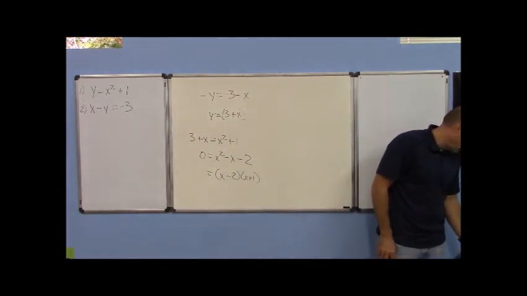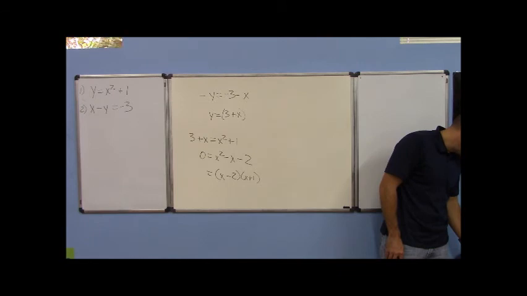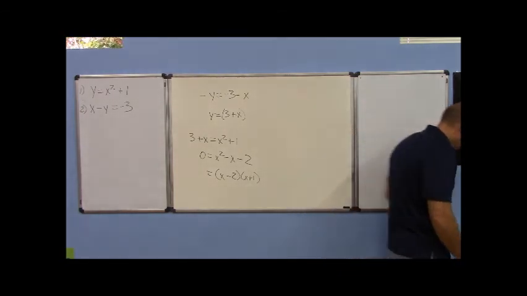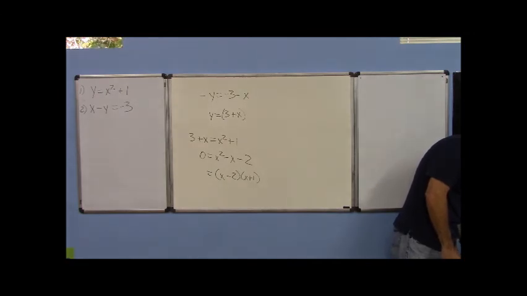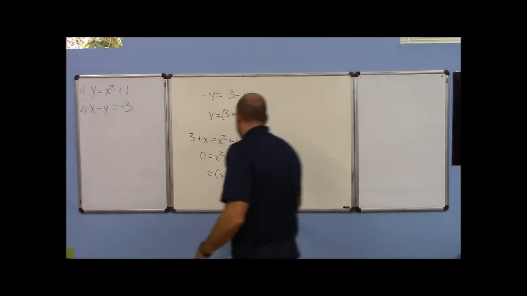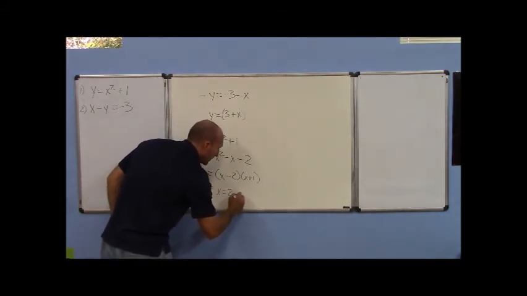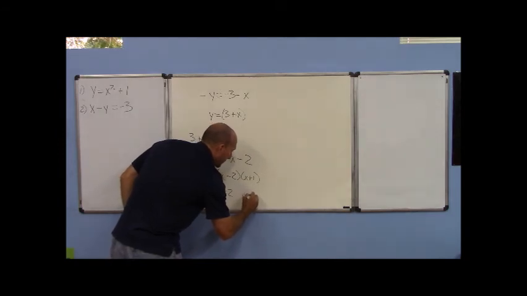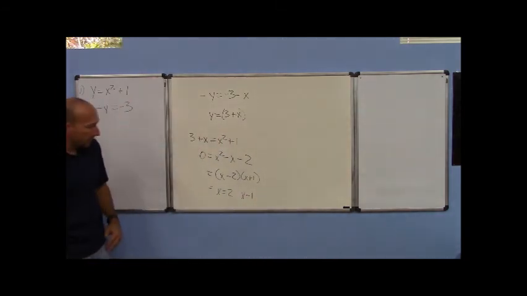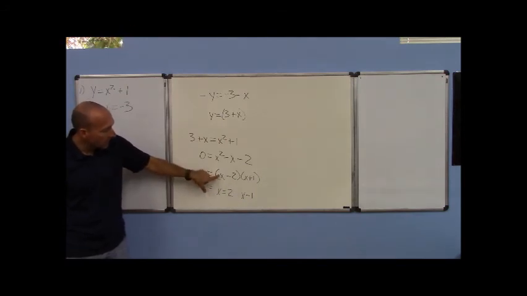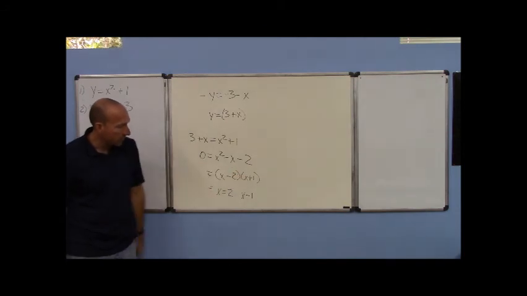So now we find that our values for x are going to be x equals 2 and x equals minus 1. Because whenever we solve this equals 0, what makes this 0 is a positive 2. What makes this 0 is a negative 1.